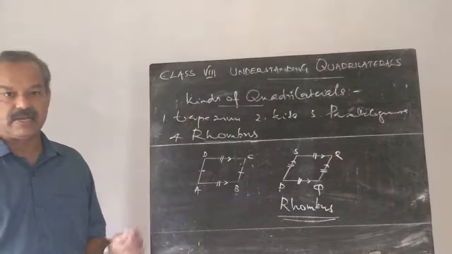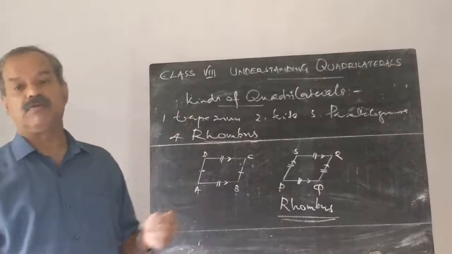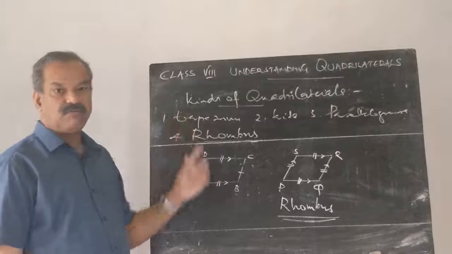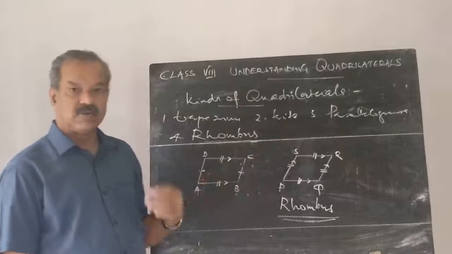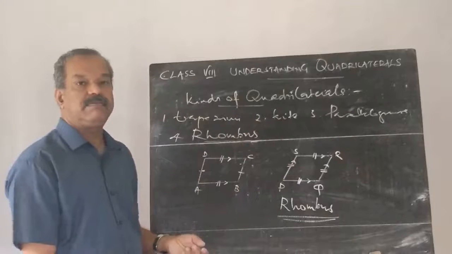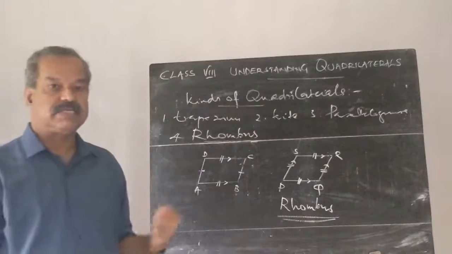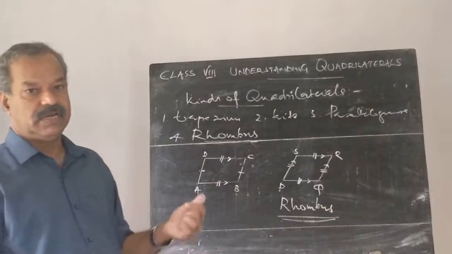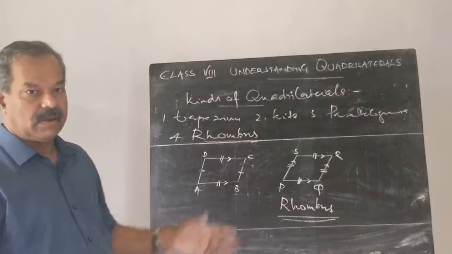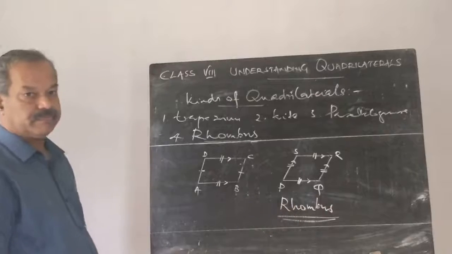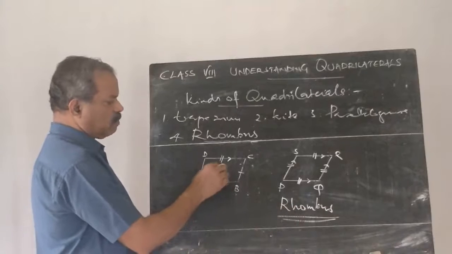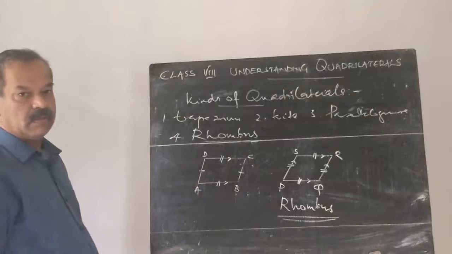Trapezium is a quadrilateral in which one pair of opposite sides is parallel. And kite. Kite is a quadrilateral in which adjacent sides are equal, in a particular way. Now rhombus. What are the properties of a parallelogram?